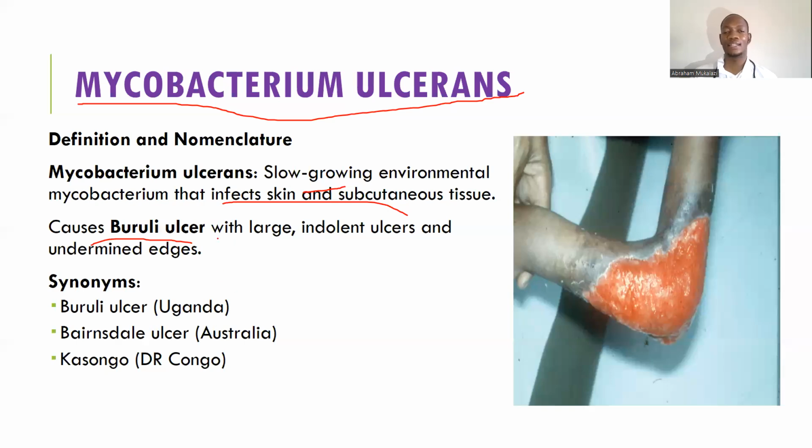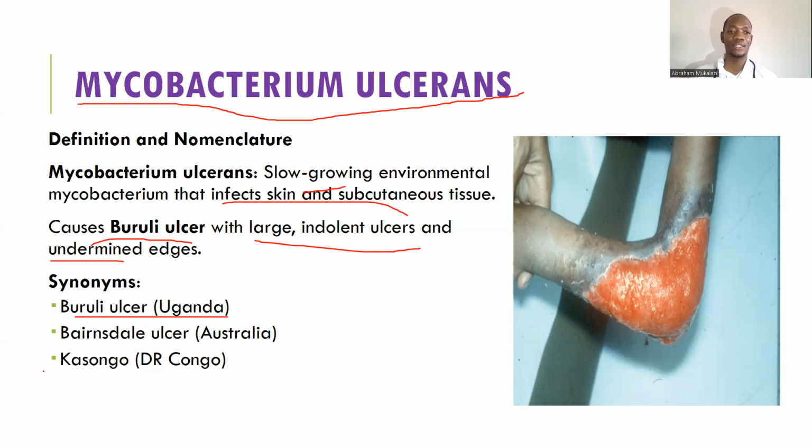Sometimes the ulcer starts as a tiny pimple or pustule that erodes, then progressively increases in size despite treatment. These indolent ulcers usually have undermined edges.